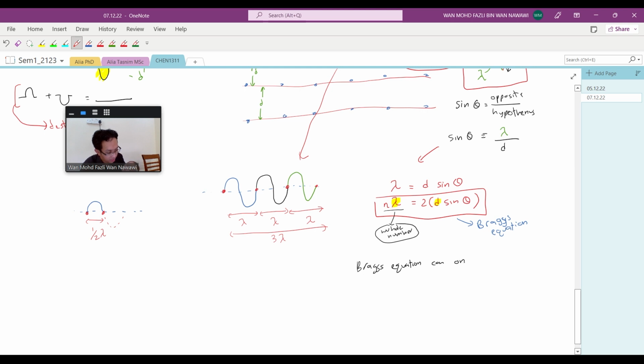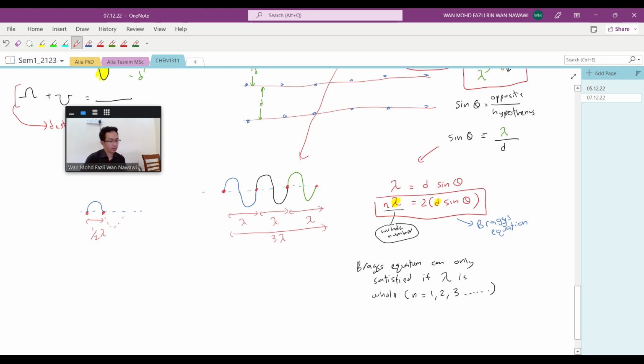Bragg's equation can only be satisfied if the lambda is whole, meaning that n equals 1, 2, 3, and so on.